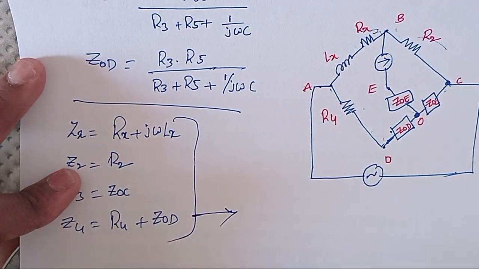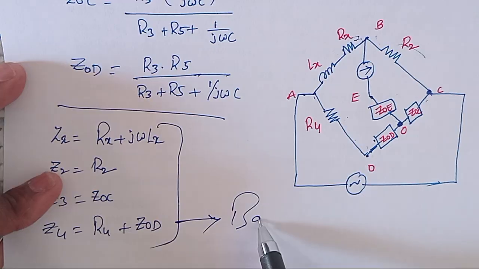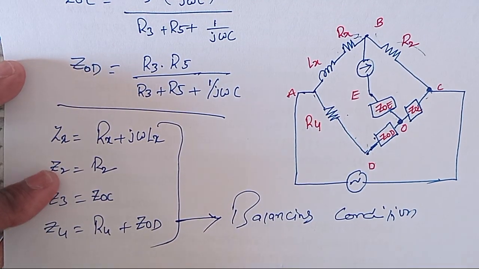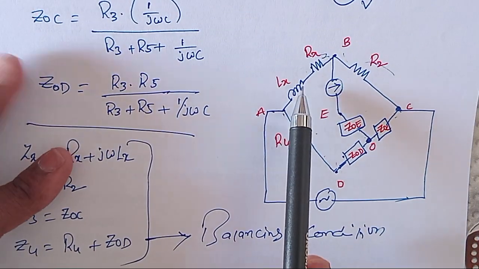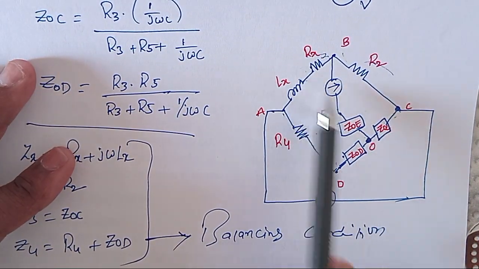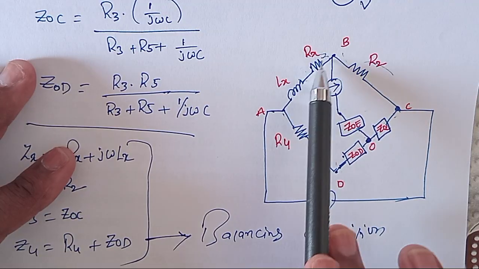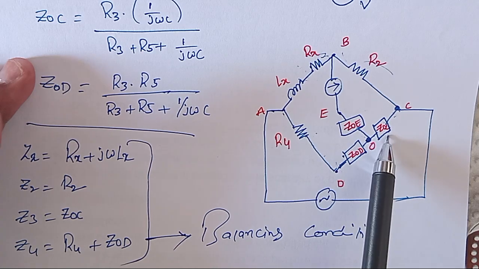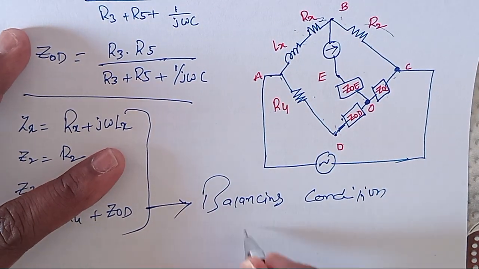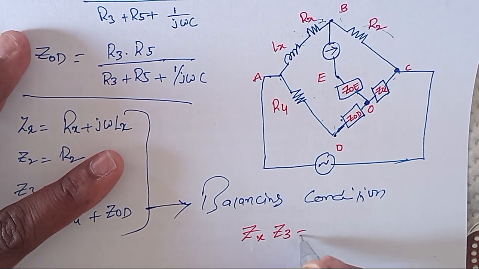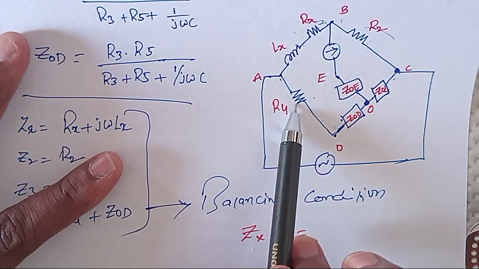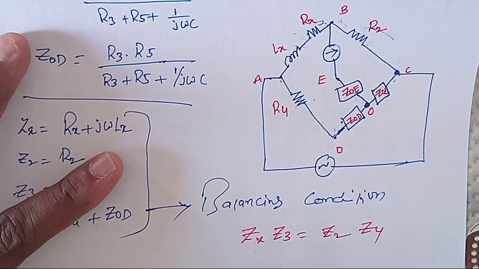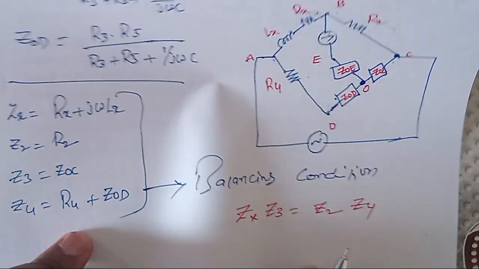Now these four impedances have to be put into the balancing condition. The balancing condition is the product of opposite arms. These two are opposite, these two are opposite. So the balancing condition is Zx Z3 equal to Z2 Z4.